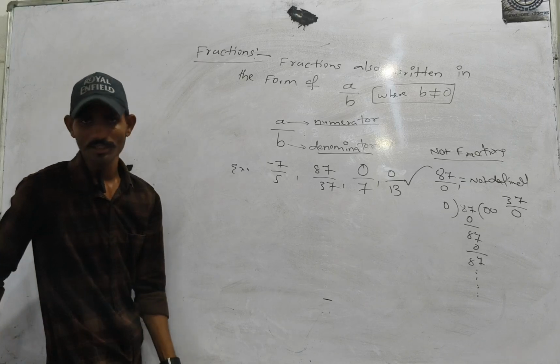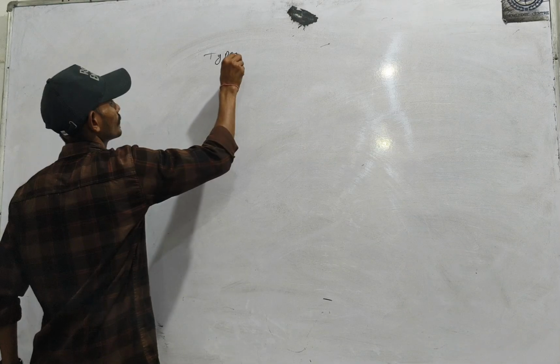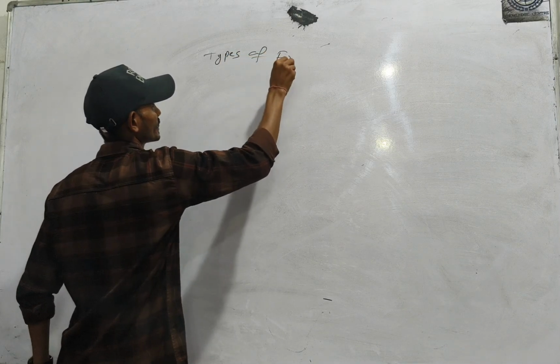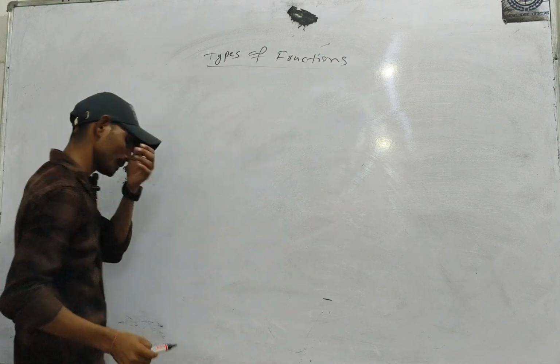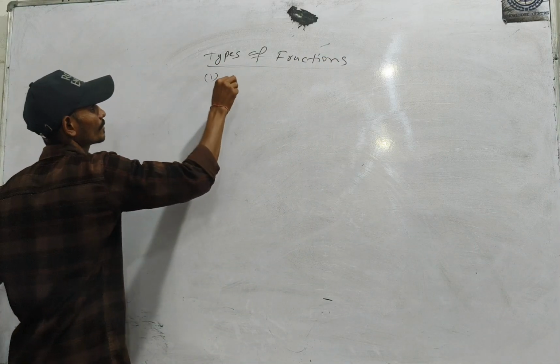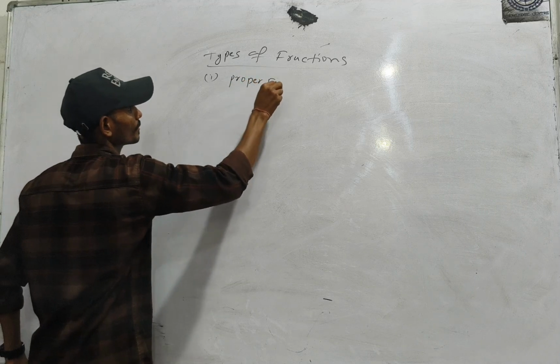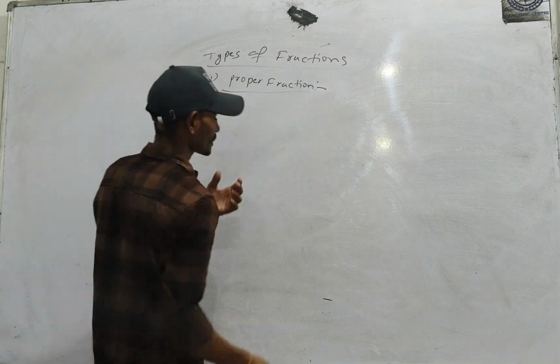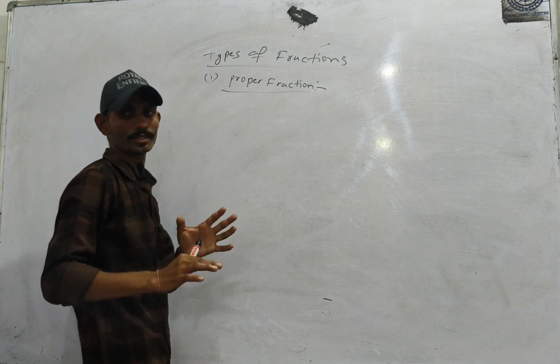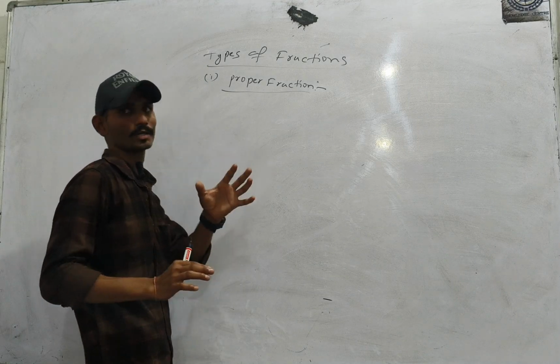Now we are discussing types of fractions. First is proper fraction. What is the meaning of proper fraction? Proper fraction means arranging small to big.